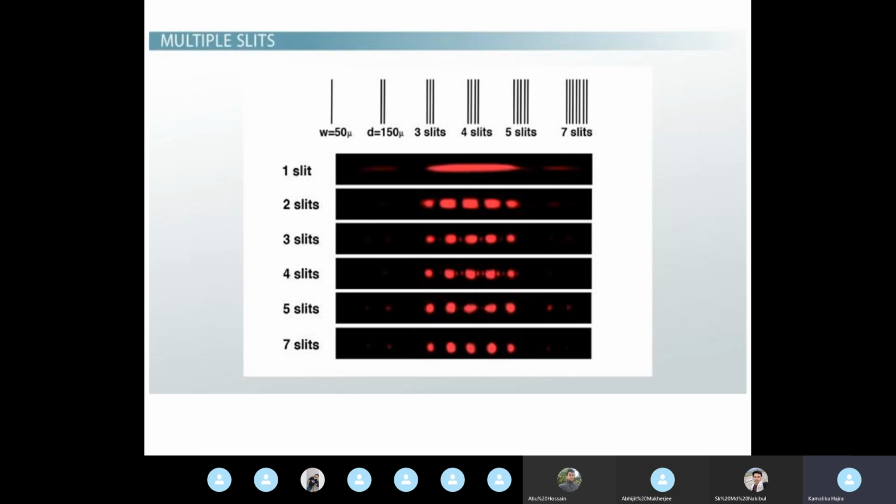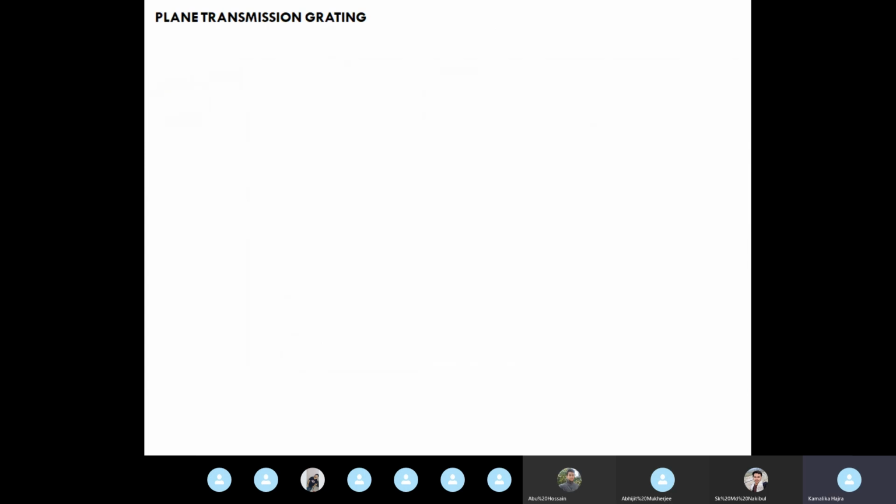Okay, so this completes our discussion on multiple slit diffraction. But with the knowledge of multiple slit diffraction, we will now move over to the plane transmission grating. We now want to see the main application of whatever we have studied till now.